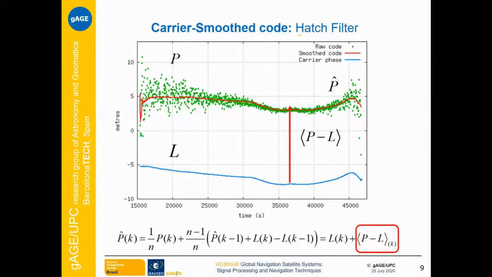This is the well-known Hatch filter that is aligning in real time by computing the difference between the code and the carrier. Here we have the formulation, which is very easy and straightforward, to obtain this carrier smoothed code that we will see we can use to improve the positioning.